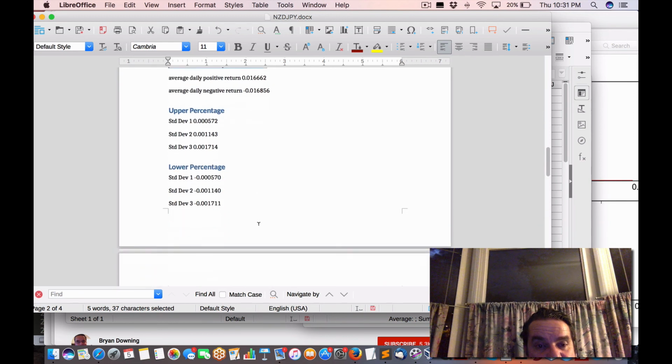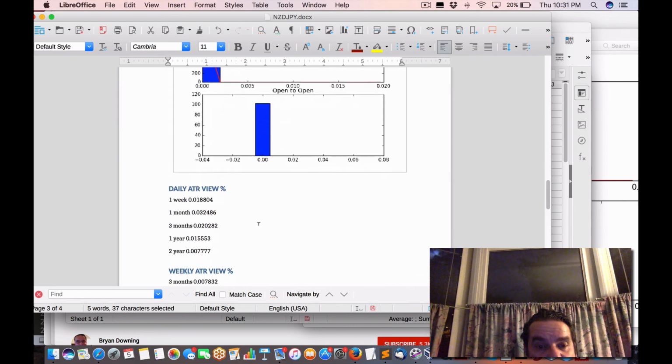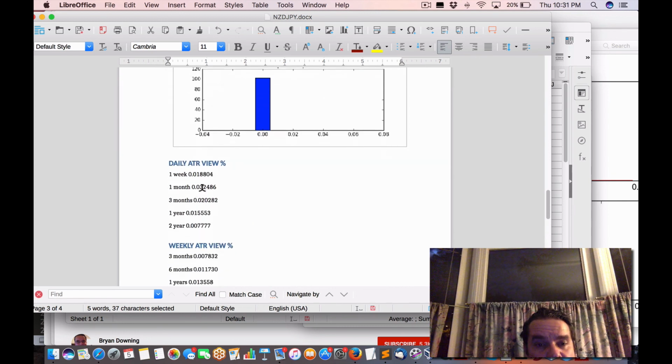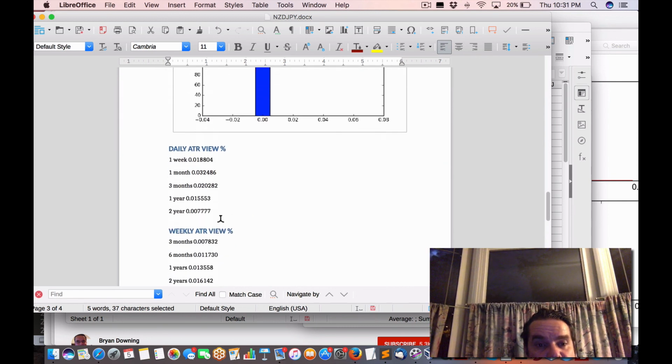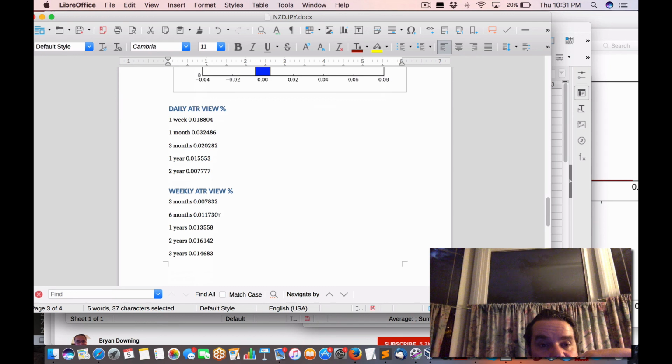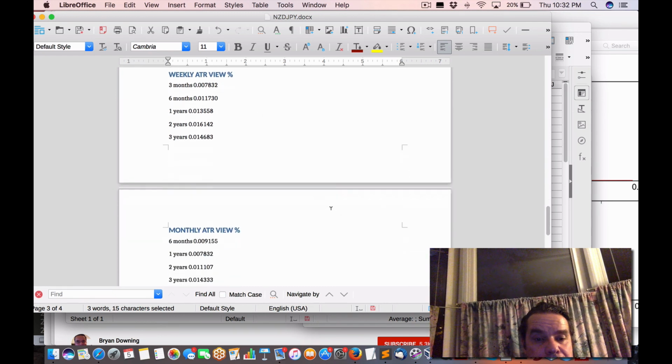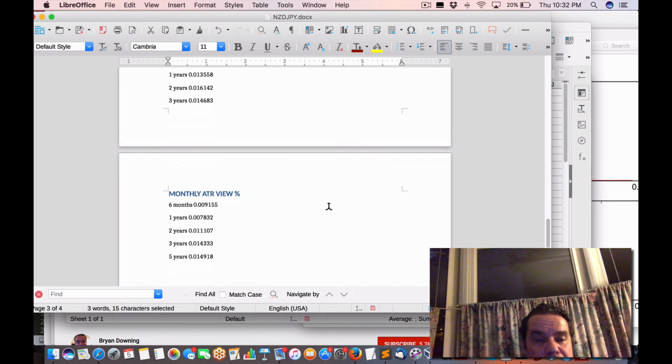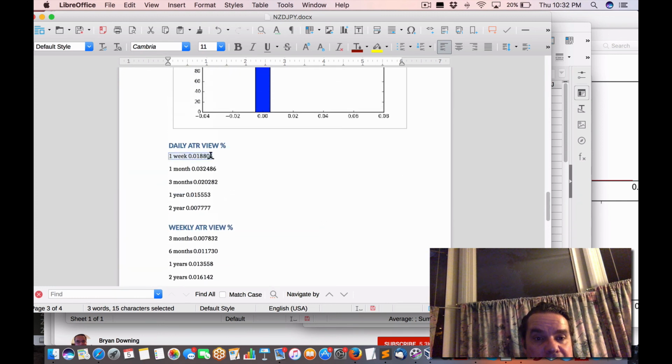And again, here's our standard deviation, the charts, the daily ATR view, and the weekly ATR view. That's an important one. And then the monthly, you can see it's getting more volatile.